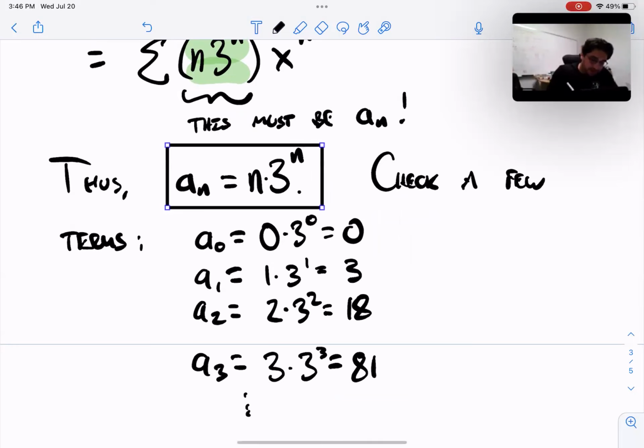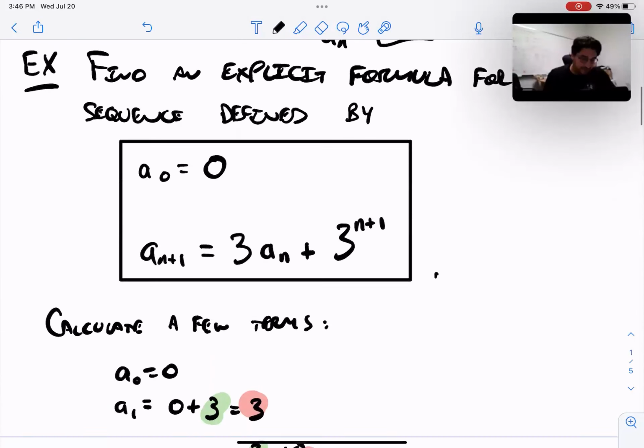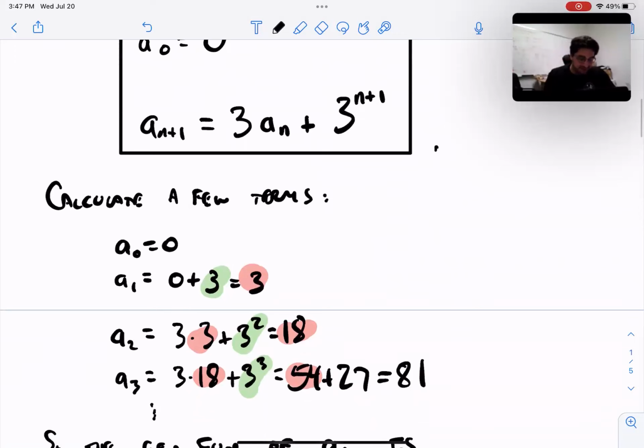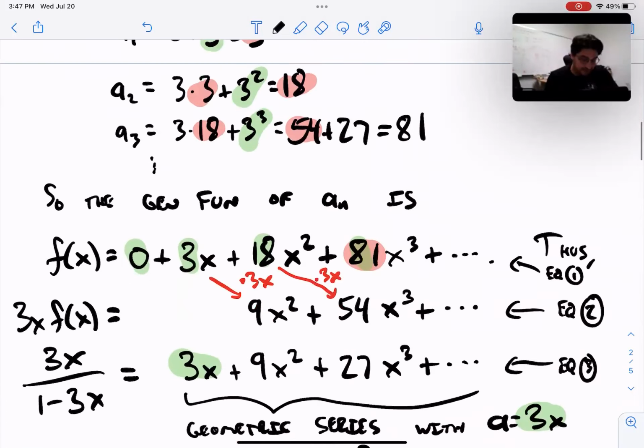So just to recap a little bit, what happened here? Well, we had this recursively defined sequence. We calculated a few terms, and maybe a pattern doesn't just jump out at you when you're calculating these terms, right? But you can still find a formula for the sequence, at least in this case, and in lots of cases, using a generating function. What do you do?